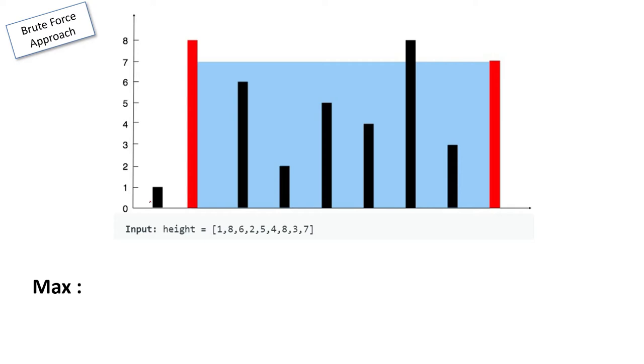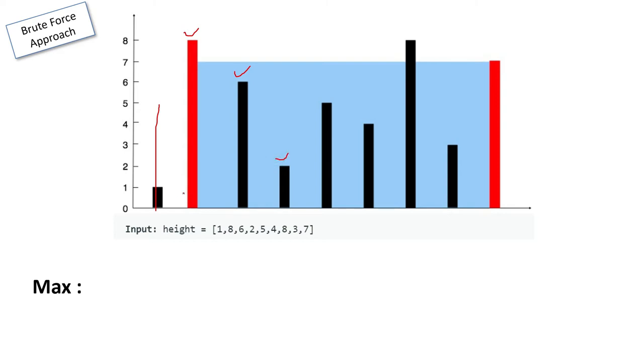Suppose we start from the first one and then check the other bars. From 1 and 8, if we compare, the water it can contain is 1. Then if we move to the third bar, without changing the position of the first one, it can contain a total water of 2.